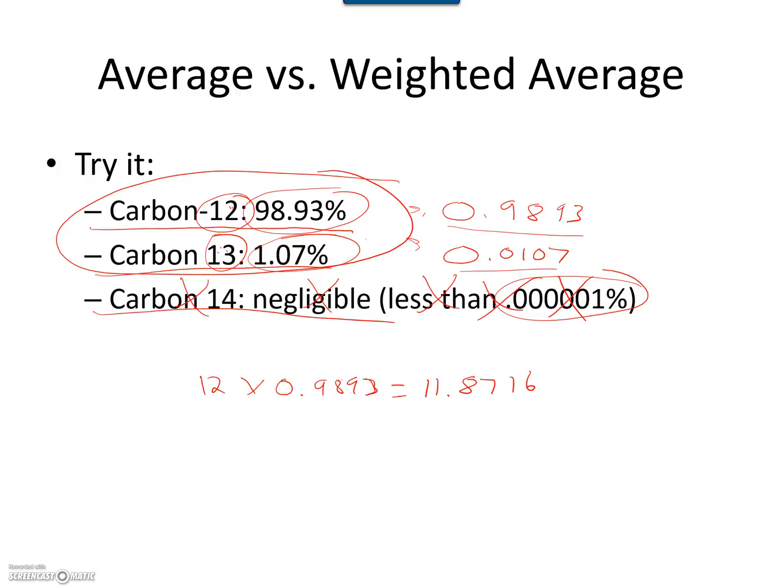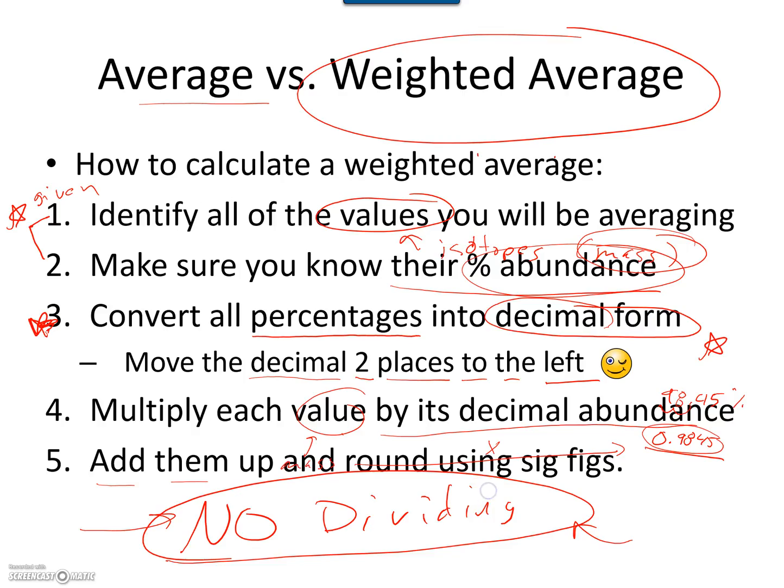Then I'm going to take 13 times 0.0107, and I get 0.1391.